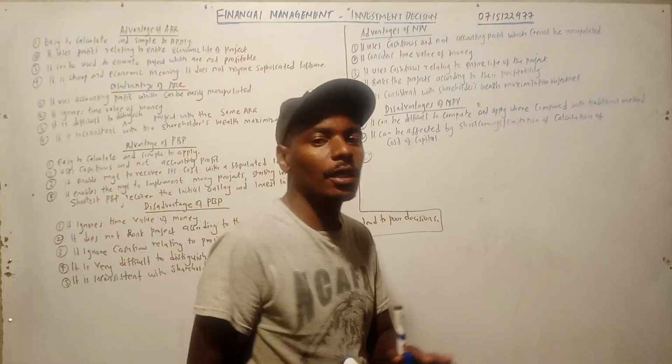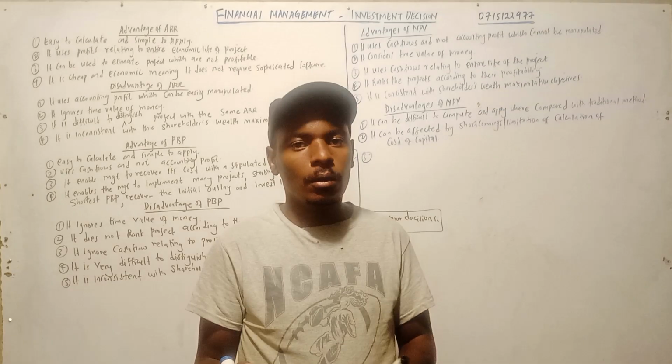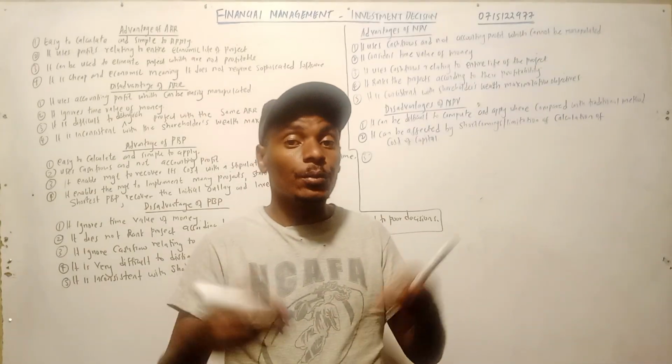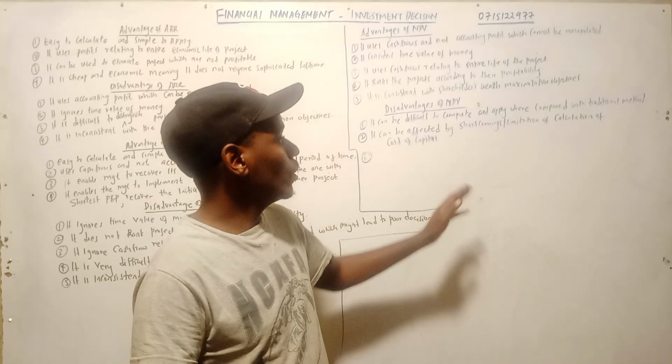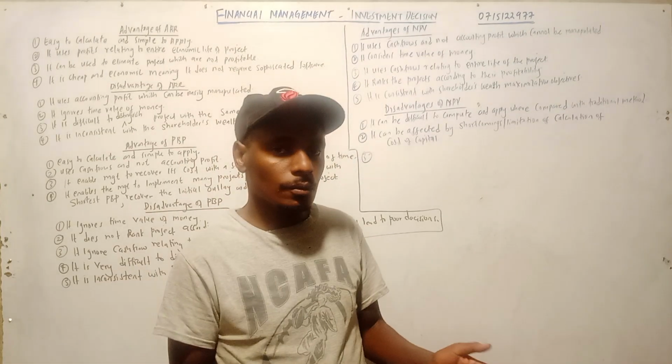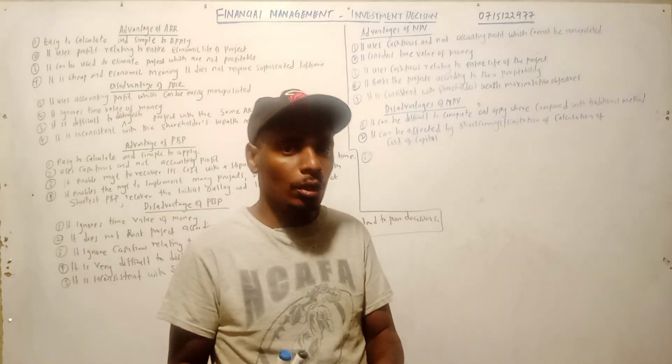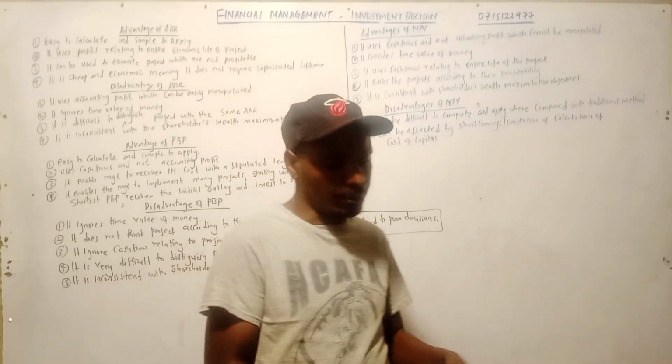In case we compute the cost of capital wrongly, then when we compute the NPV it will be wrong. So if there is any limitation or shortcoming when we compute the cost of capital, that will also affect the NPV.